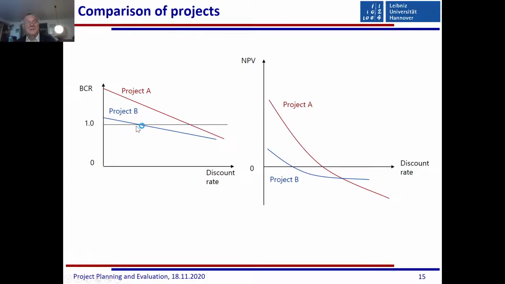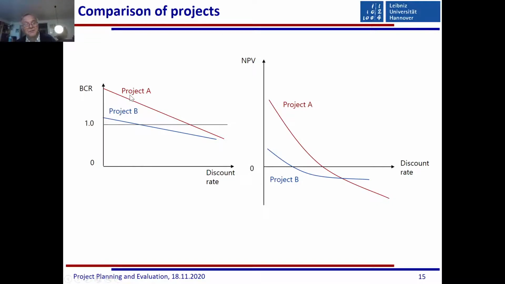And obviously project B will reach that point where the NPV becomes 0. So 1 is the cutoff point, and at that point the BCR becomes 1. And if I increase the discount rate, then there will be a point where project B will have a benefit cost ratio below 1.